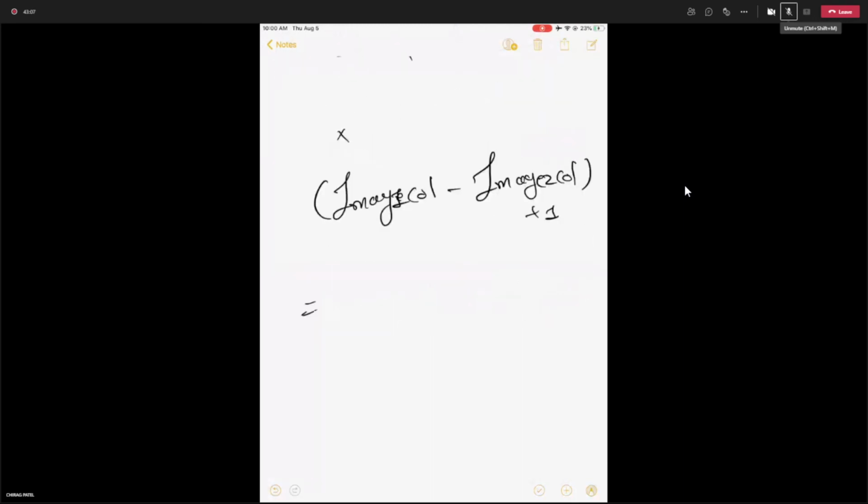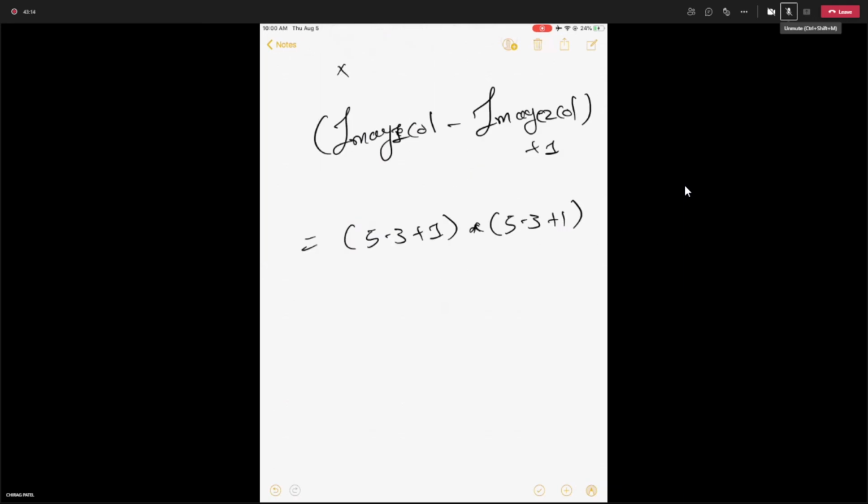Means if I evaluate this as 5 minus 3 plus 1 multiply 5 minus 3 plus 1, so my resultant matrix size should be 3 cross 3.